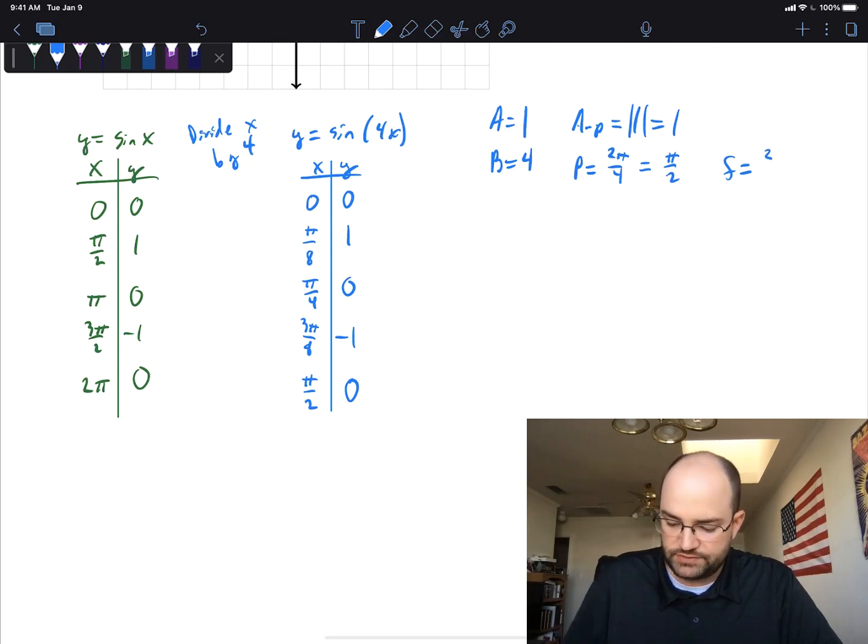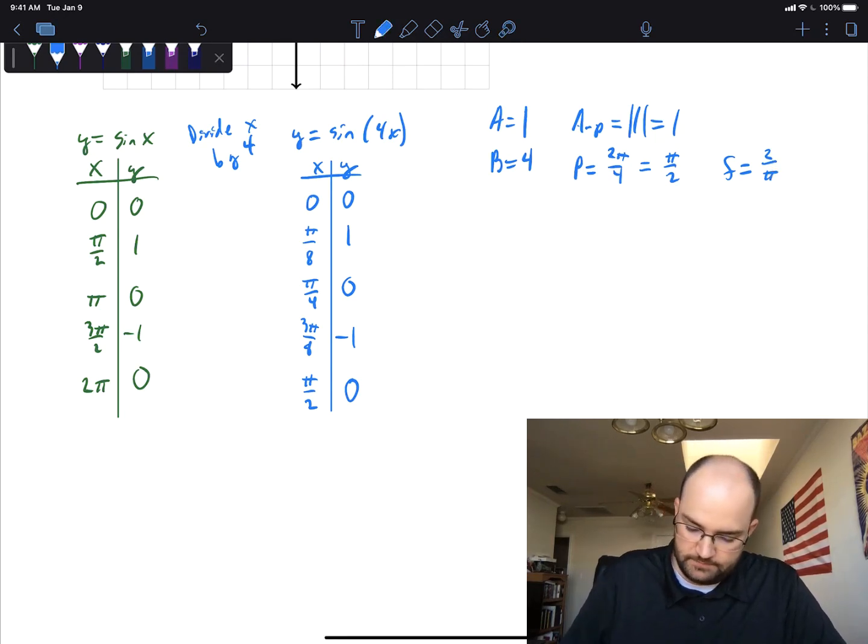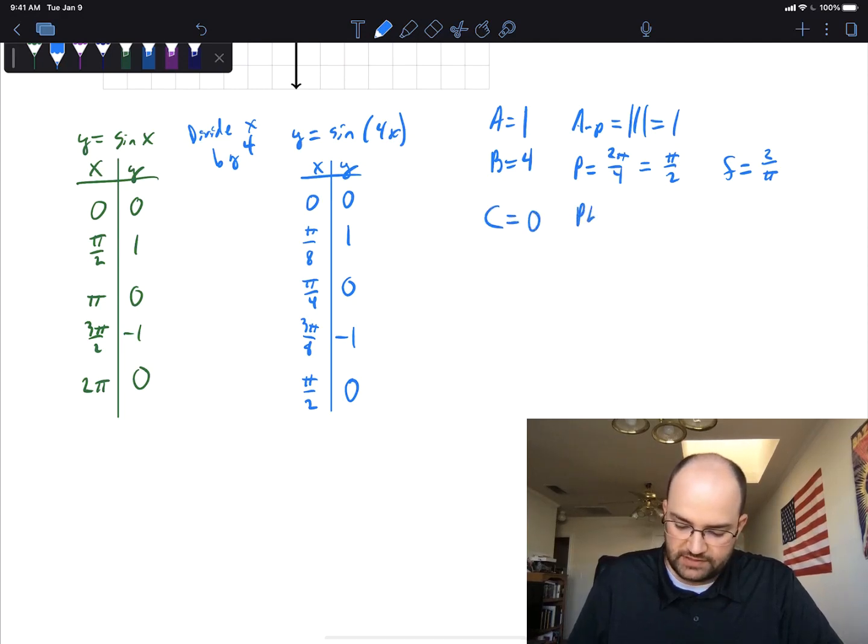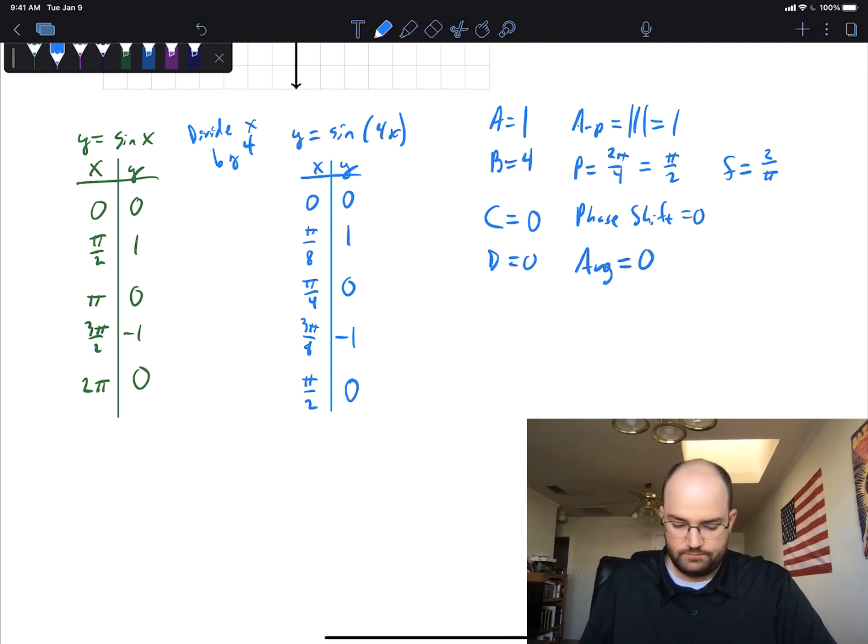Pi over 2 becomes 2 over pi. So technically there are 2 cycles for every pi units. Alrighty. C here is, well, it's 0, so there is a phase shift of 0. And D is 0, so the average is again 0.